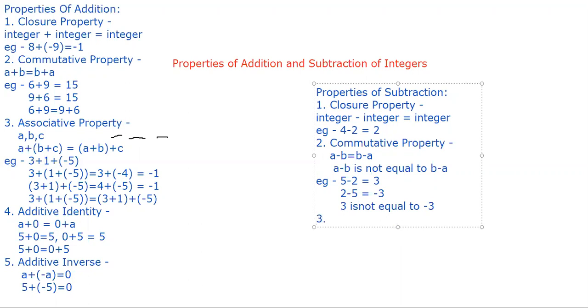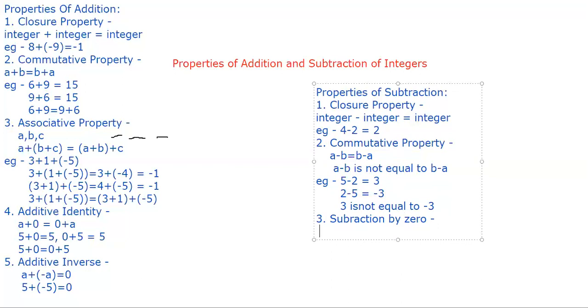The third property is subtraction by 0, or you can say subtraction identity. Now what is subtraction by 0?